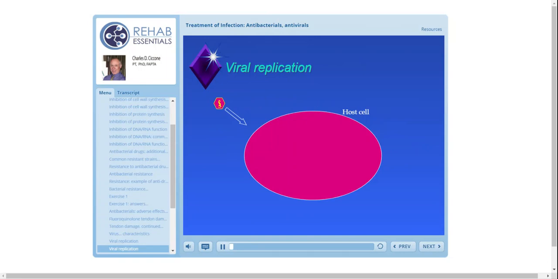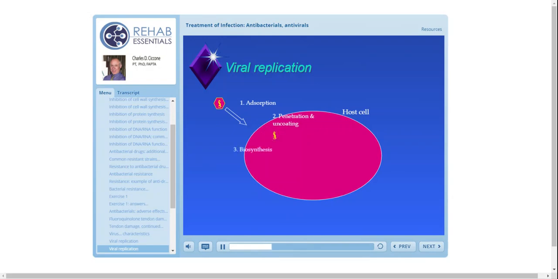So here you see a host cell, and it could be a GI cell, it could be a respiratory cell, it could be a lymphocyte, depending on the type of virus. The virus comes along, goes onto the surface, adsorbs to the surface of the host cell, oftentimes because there is a receptor for that virus on that cell. It moves in, it penetrates and uncoats.